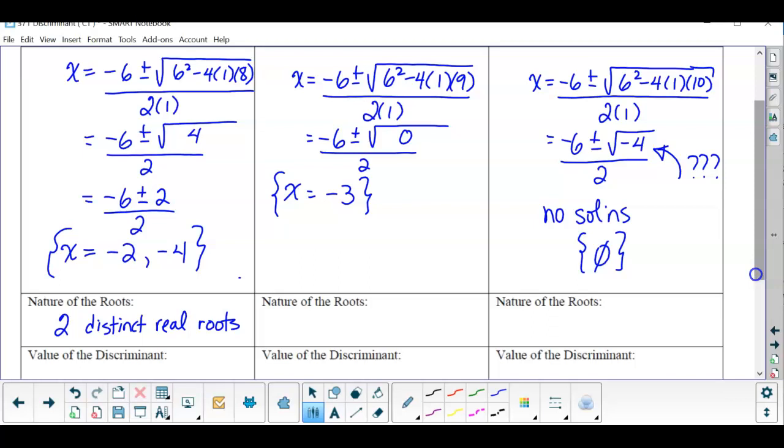This one, we say one real root, or you could say two equal real roots. And that's common to see, so we might put that as an option on a test. Maybe you won't see one real root. So two equal means the same as one real. And here, there are no real roots.